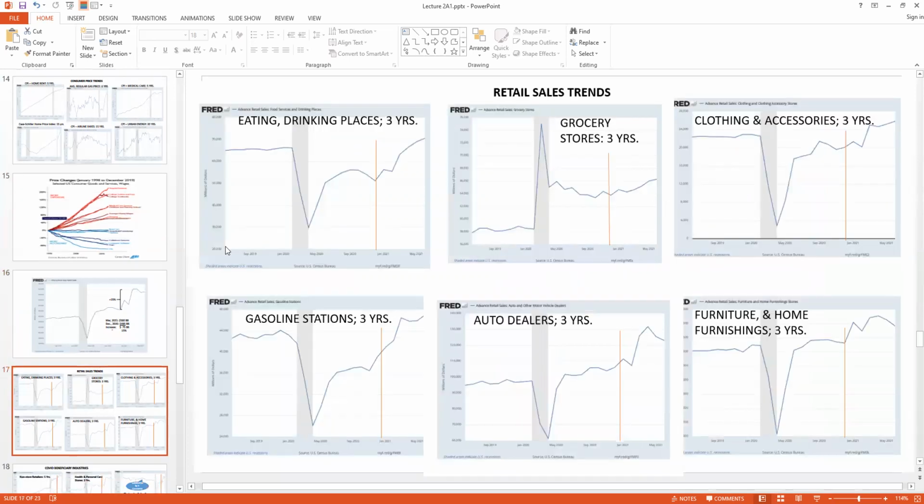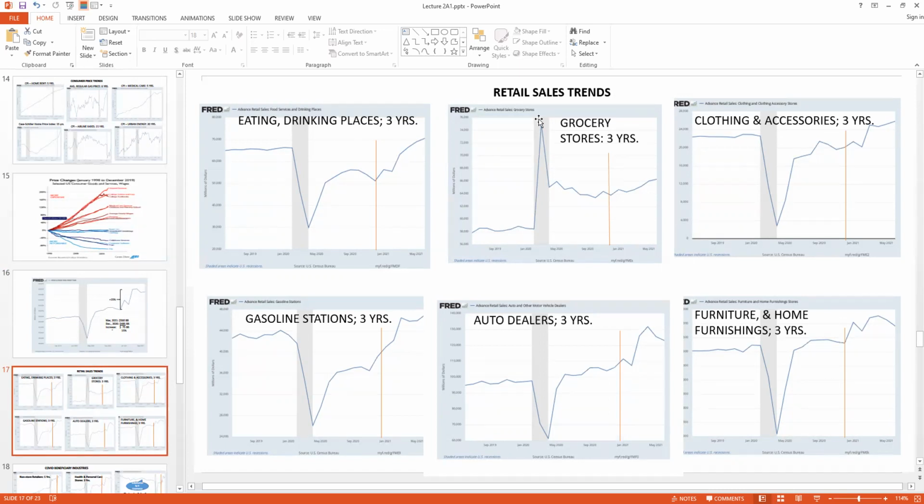Okay, so retail sales trends, the eating and drinking places, that was widely publicized, but you can see that in 2020, that industry did not recover to its pre-COVID level and is just in the process of doing so. Grocery stores are an interesting story because with people moving their work to home because of COVID and the necessity of social distancing, many people moved to do their work at home.